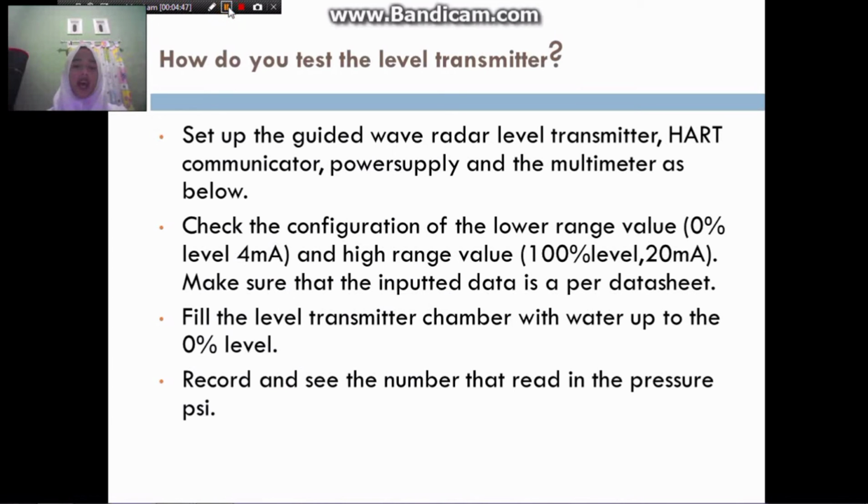Make sure that the input data is as per the data sheet. Third, fill the level transmitter chamber with water up to 0% level. Let's record and see the number that is read in PSI.